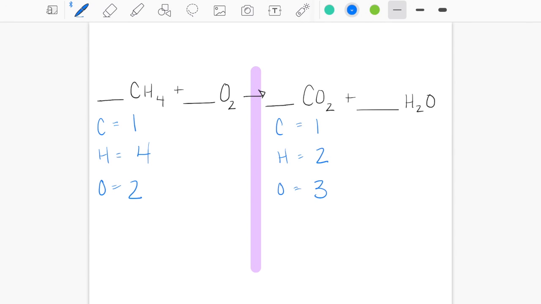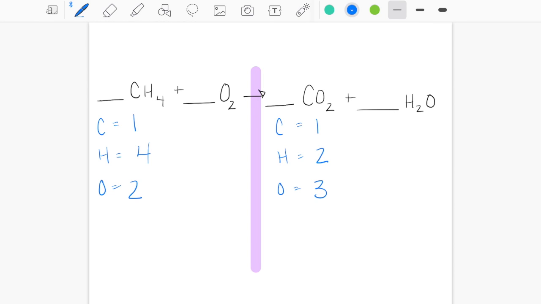So my carbons are balanced right away. My hydrogens and oxygens are not balanced. I'm going to start with my hydrogens because that one's going to be an easier one to tackle. I have 4 hydrogens on the reactant side and only 2 on the product side.